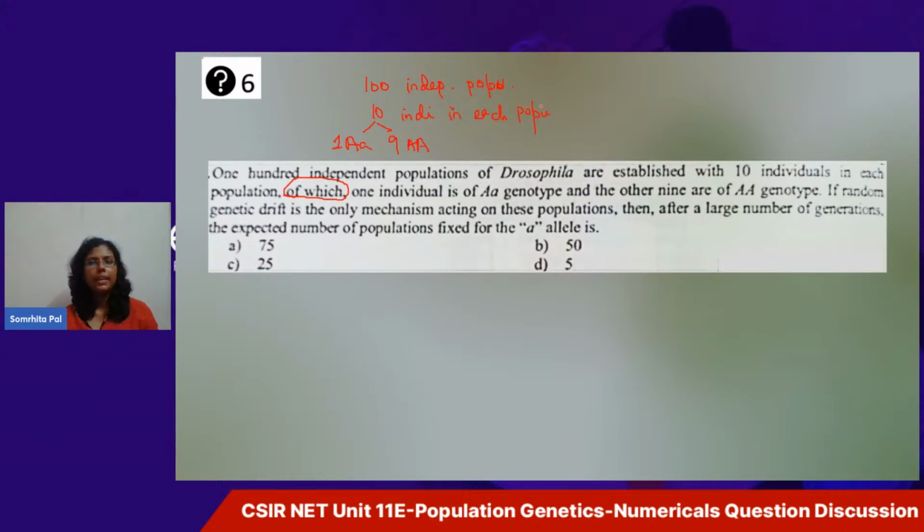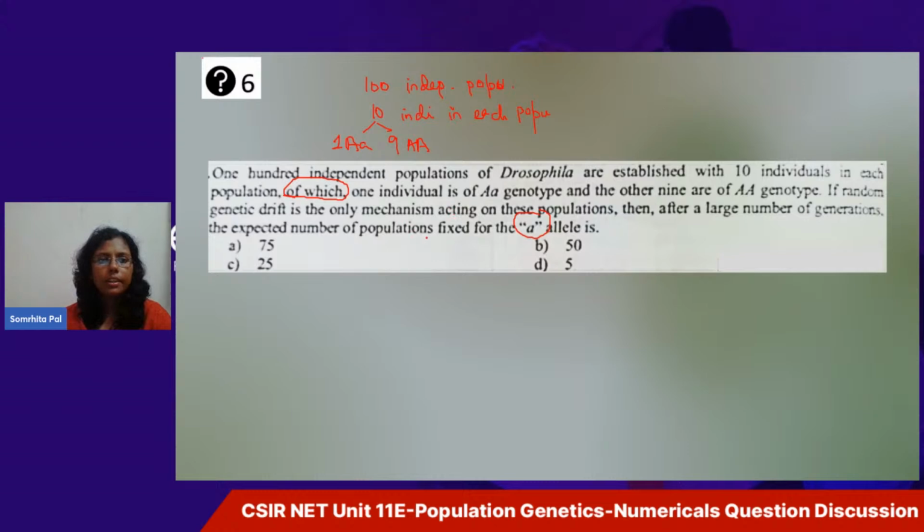Now, if random genetic drift is the only mechanism acting on this population, then after a large number of generations, the expected number of populations fixed for allele A is what? Those who have read this chapter will know genetic drift, how it affects the population, and what Hardy-Weinberg says regarding genetic drift.